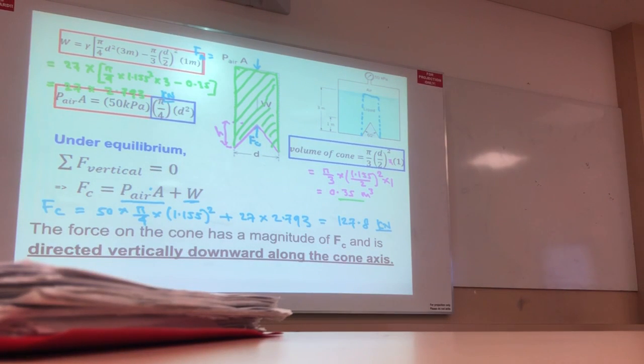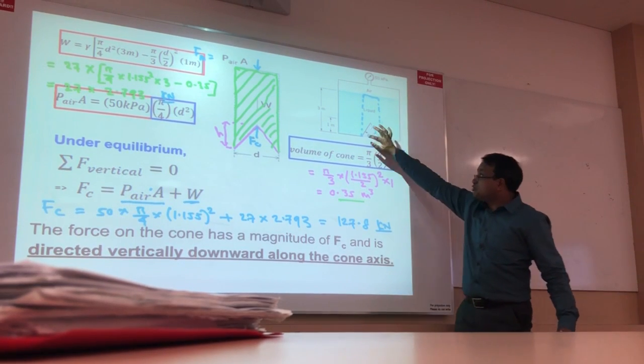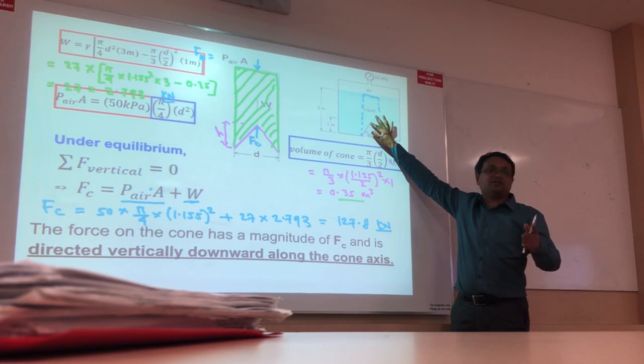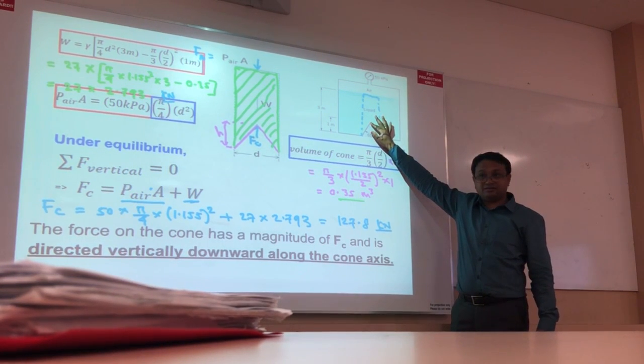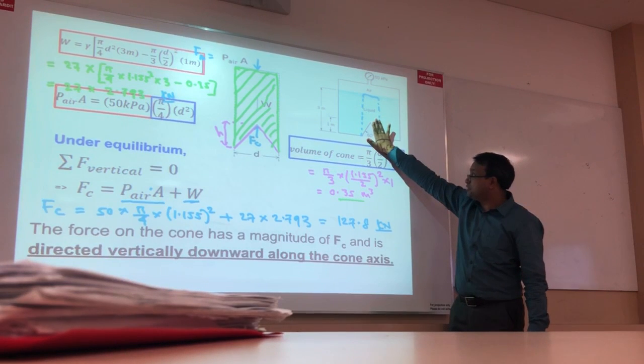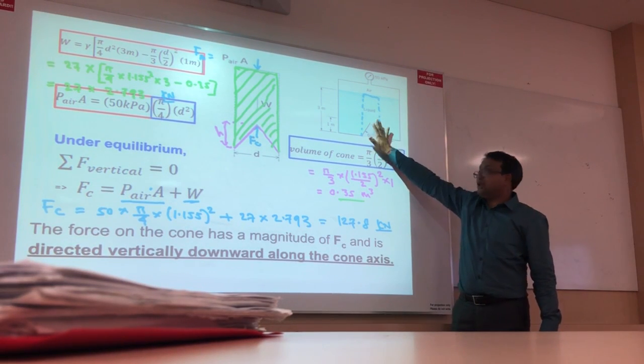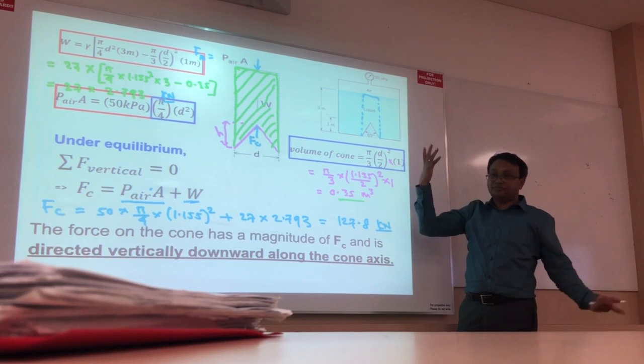If this is not curved both ways, if there is only one way, you have to calculate the horizontal also. If, for example, I cut this, or make it a straight line here, then it is different.